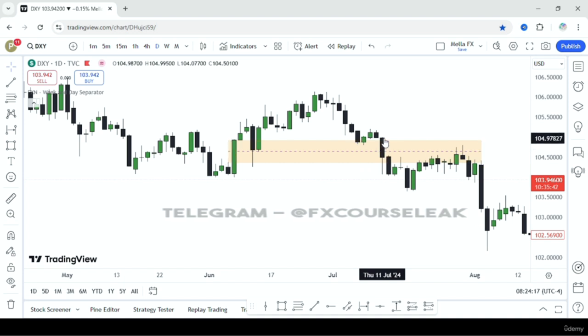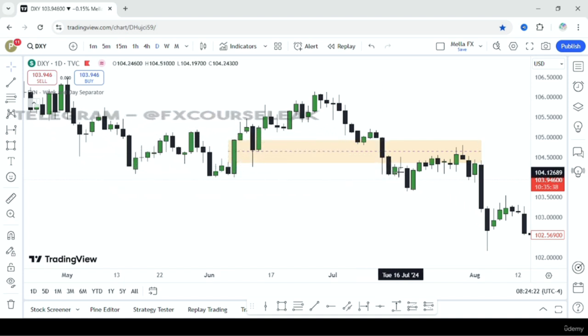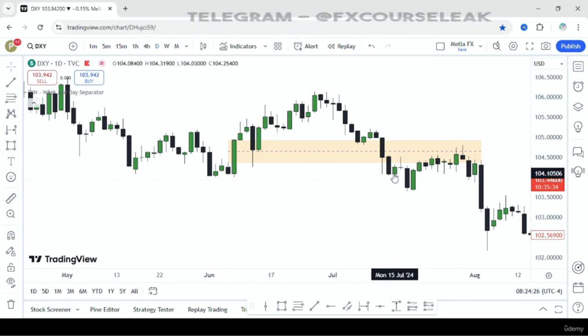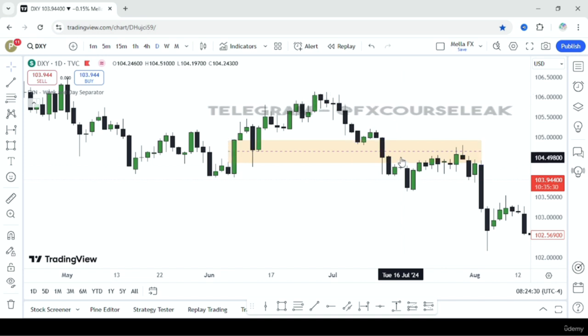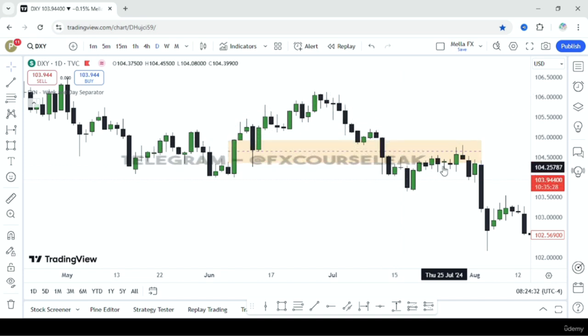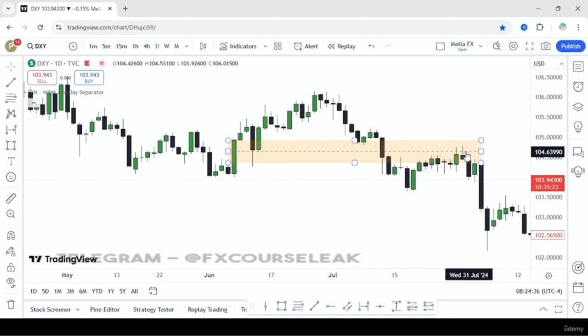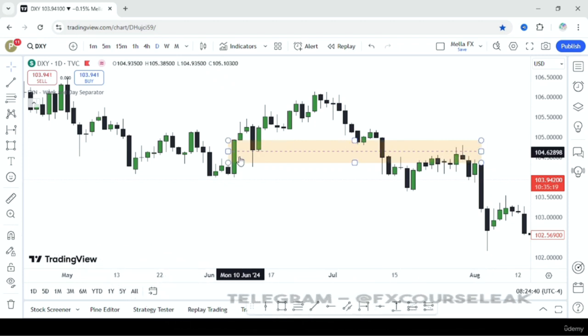Immediately when we closed below this fair value gap, we can see that we got a close below. The next candle we had a retest, and then again here also we had a retest, to the middle point of this fair value gap.